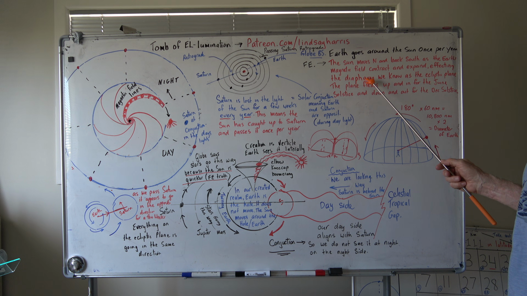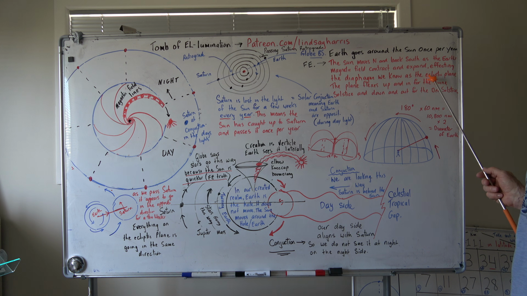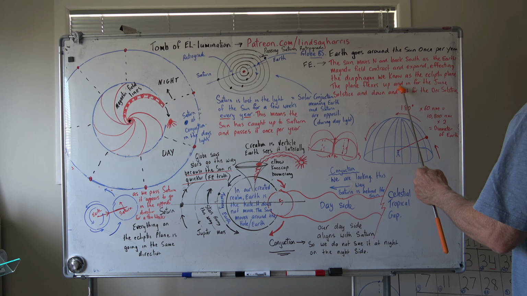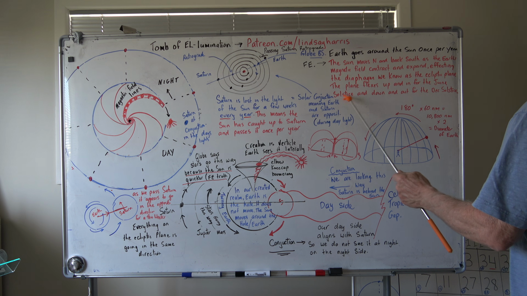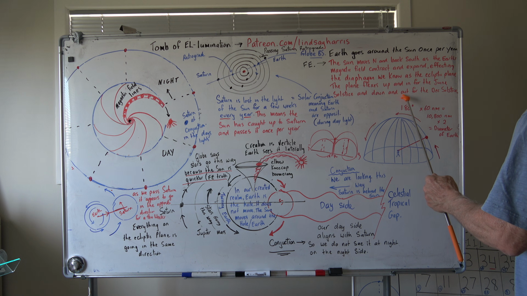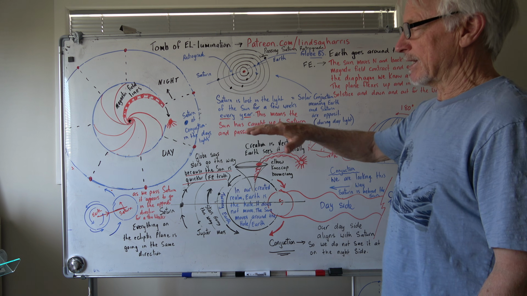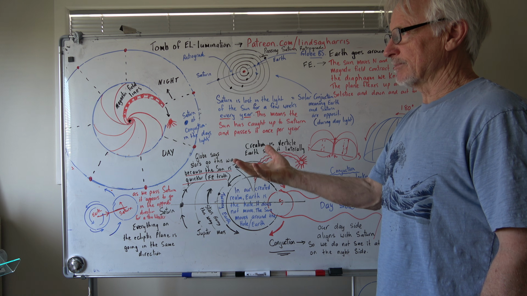affecting the diaphragm we know as the ecliptic plane. The plane flexes up and in for the June solstice and down and out for the December solstice. You know, our heart has a diaphragm at the bottom.